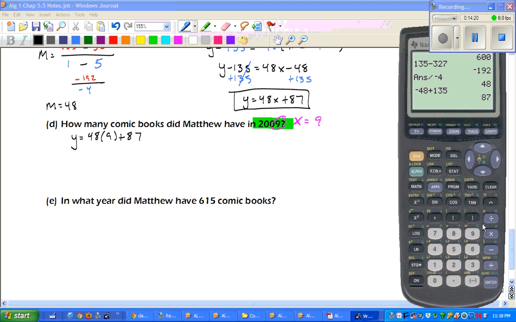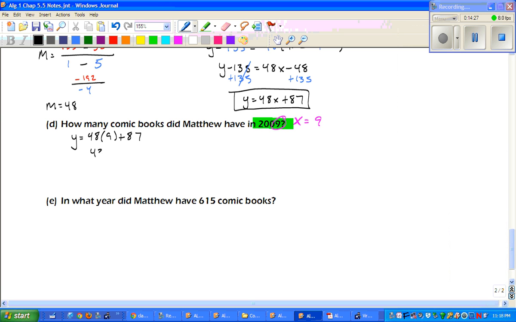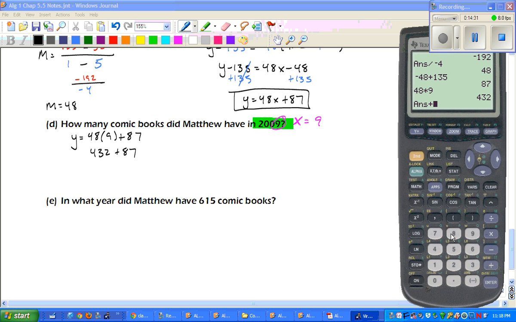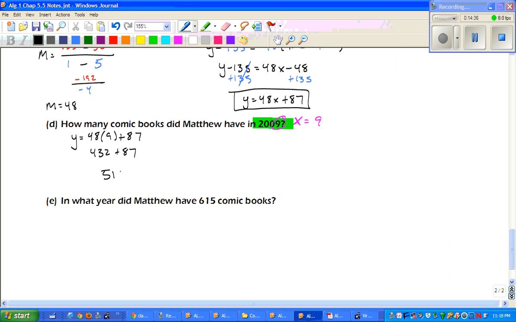So let's figure it out. 48 times 9 gives us a total of 432 plus 87 gives us a grand total of 519 comic books.